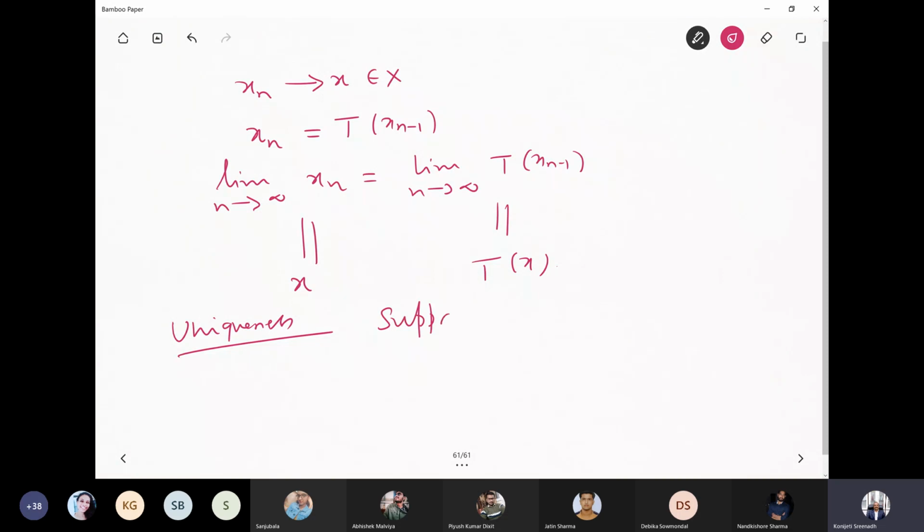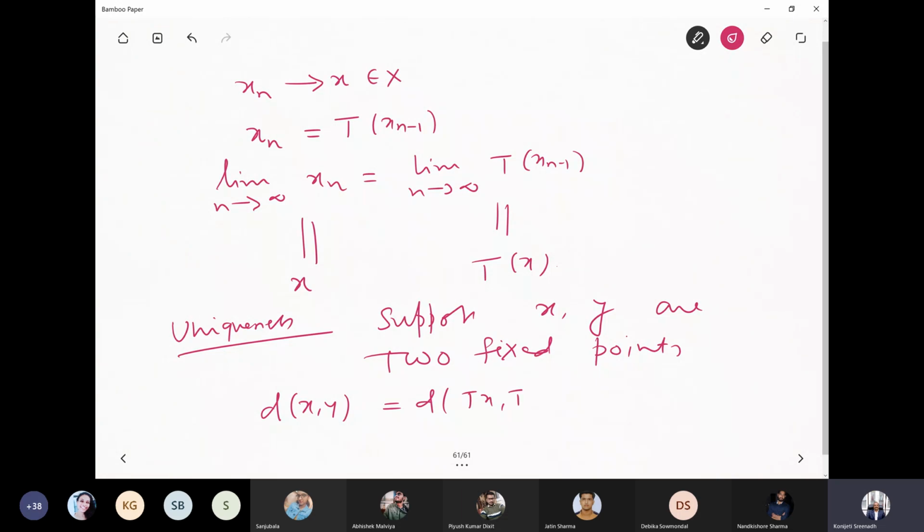Suppose there are two. The same thing you can use in the real case, in the sequences case. If there are two fixed points, write d(x,y), which is d(Tx,Ty), less than L times d(x,y).